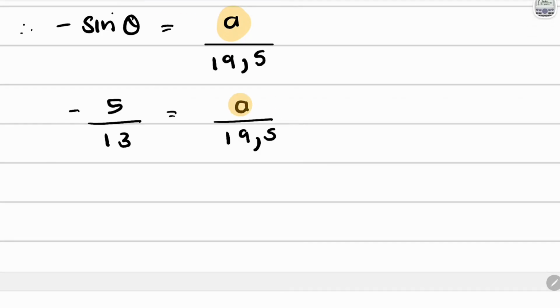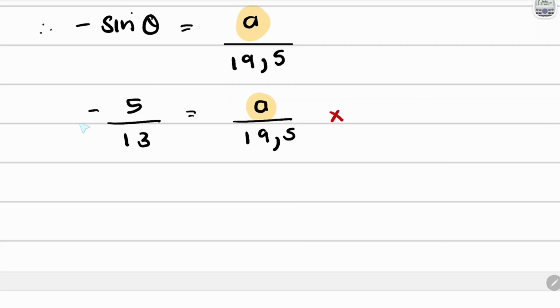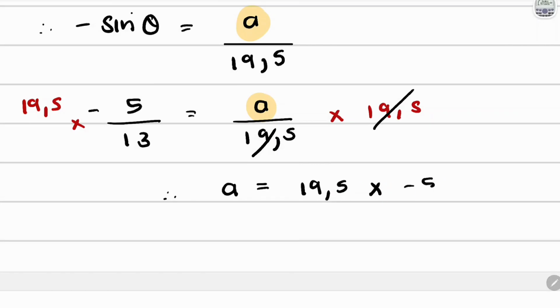As you can see, since A is over here, instead of cross multiplying, because then you're going to have to divide, you can just get rid of that denominator of 19.5. Since we're dividing by 19.5 to get rid of it, you multiply by 19.5 on both sides. So really just saying that that cancels and you have A alone is equal to 19.5 multiplied by negative 5 over 13, and you would get your answer.